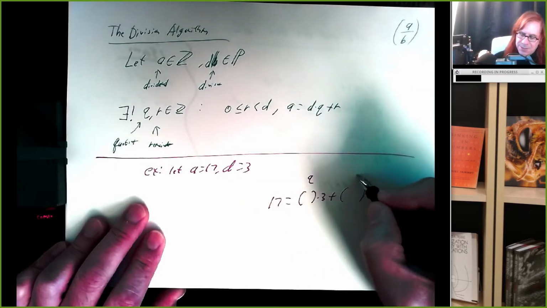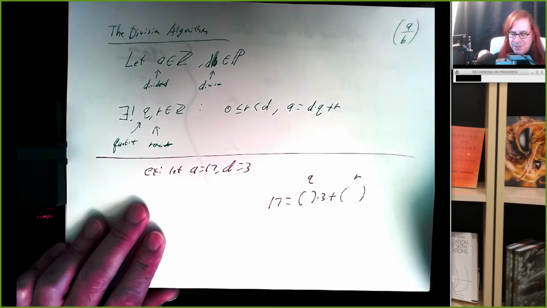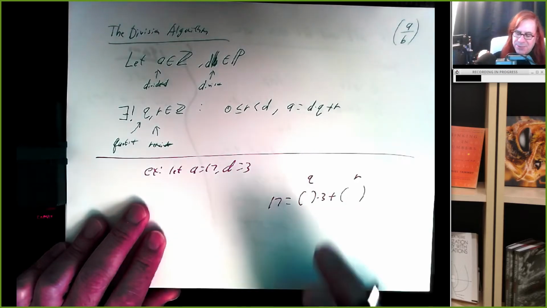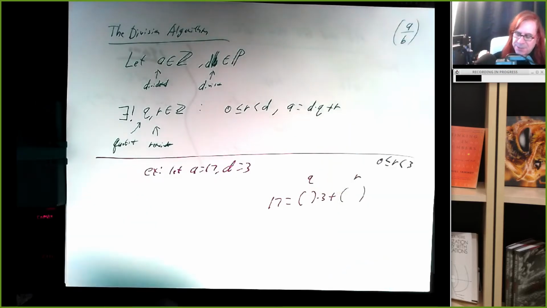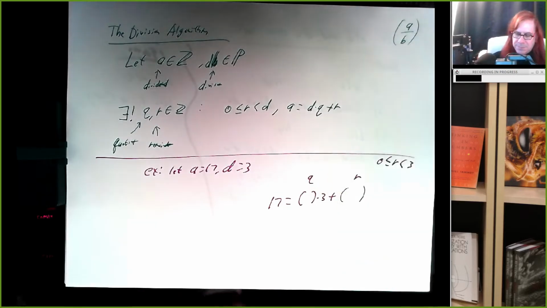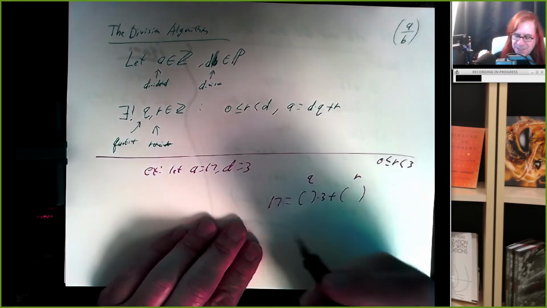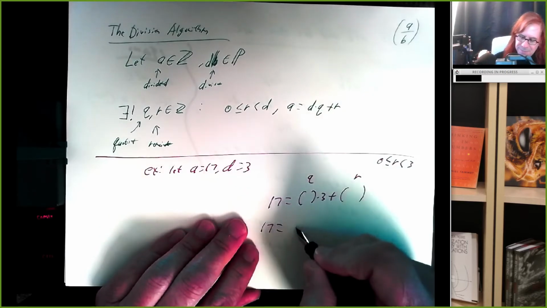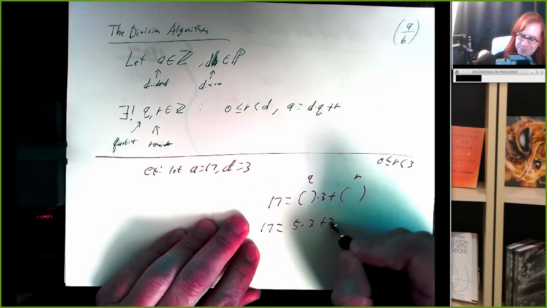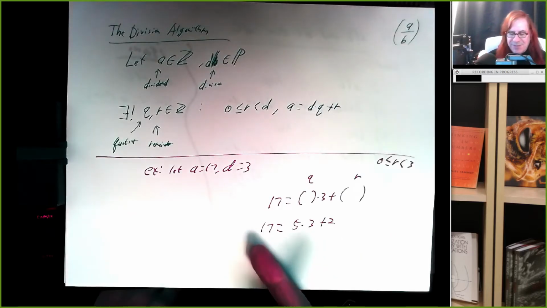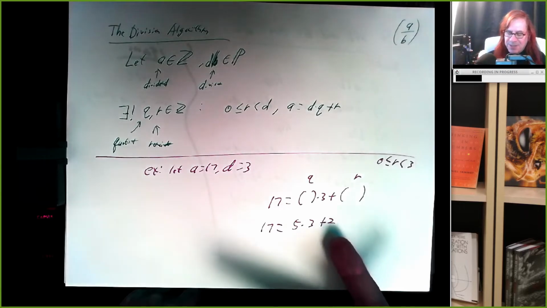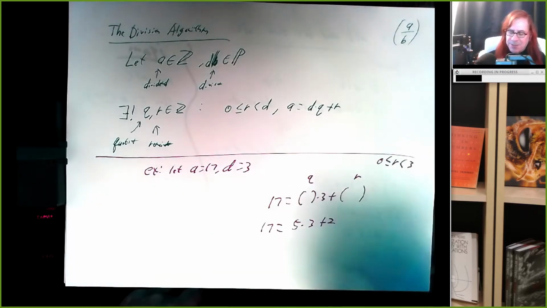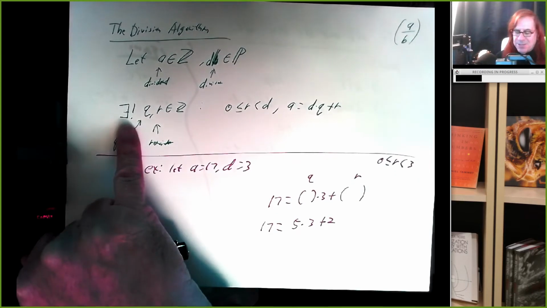We're going to call this Q and this R. And we can write it uniquely in this way such that 0 is less than or equal to R is less than 3. 17 equals 5 times 3 plus 2. So we've written 17 as an integer times 3 plus another integer that is bigger than or equal to 0 and less than 3. And the theorem says there's a unique way to do that.